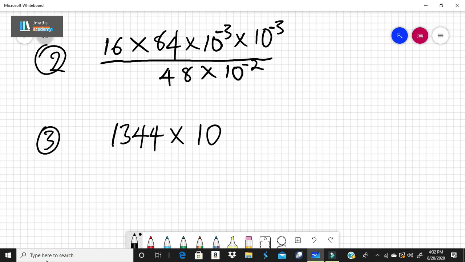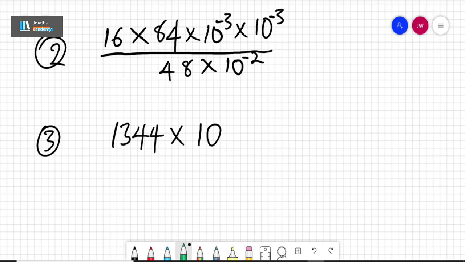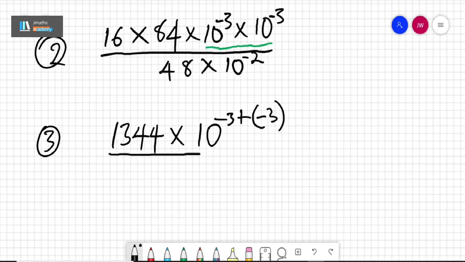So here is where you remember your law of indices, your product law, where this becomes 10 raised to the power of minus 3 plus minus 3. So this all over 48 multiplied by 10 raised to the power of minus 2.